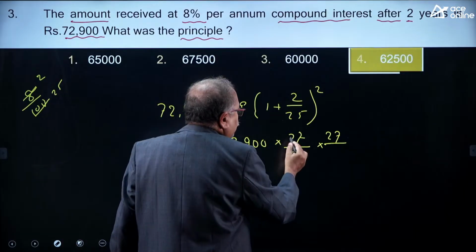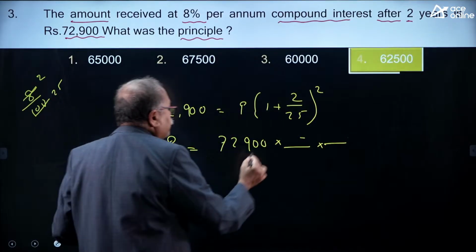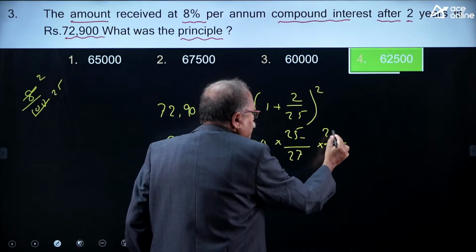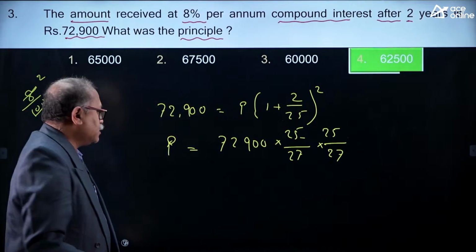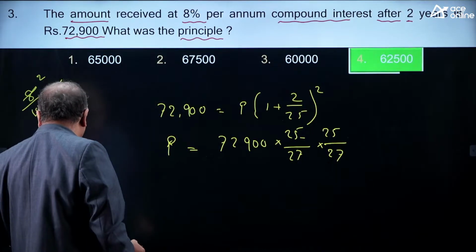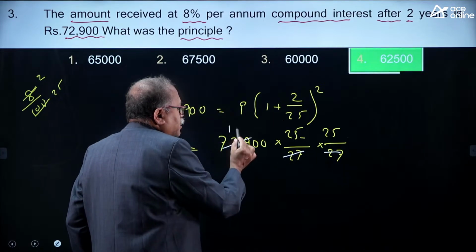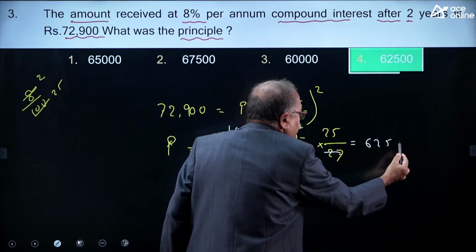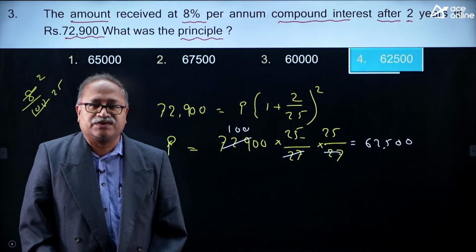When I bring over here, then this will be 25 by 27. This is also 25 by 27. You know that this is nothing but 27 square. So cancel this one. You are getting 100, and then 25 square 625 followed by 20, as Pandu has rightly answered the question.